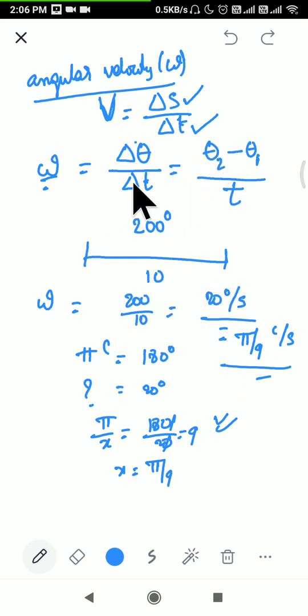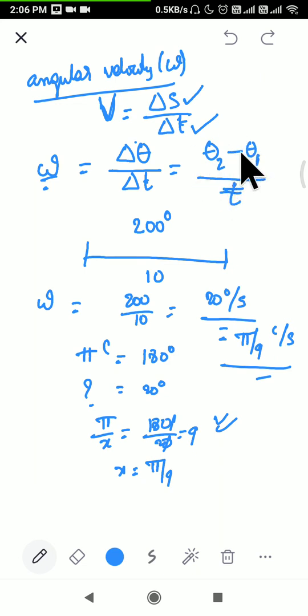But if I want it at every instant, where the angular velocity is changing, the time interval is getting smaller and smaller, and the change in angular position is also getting smaller and smaller.